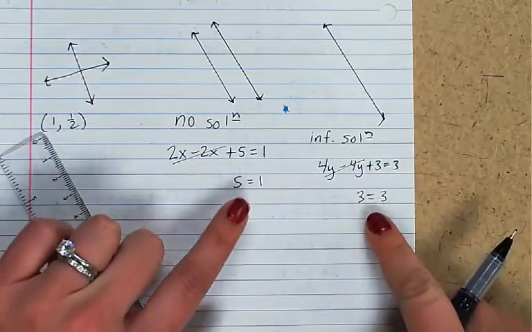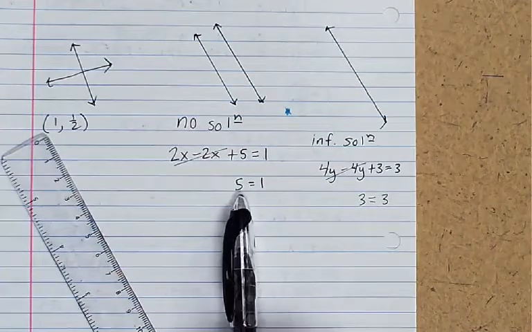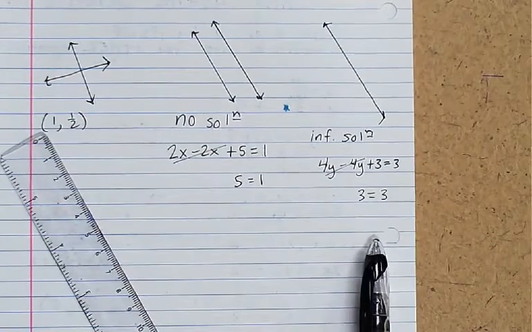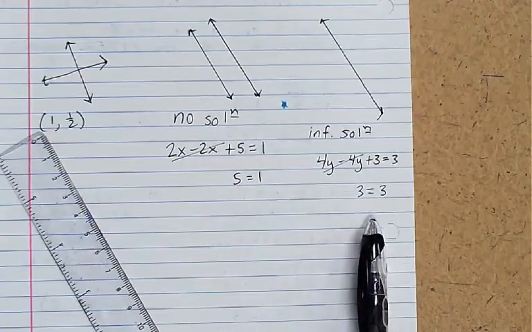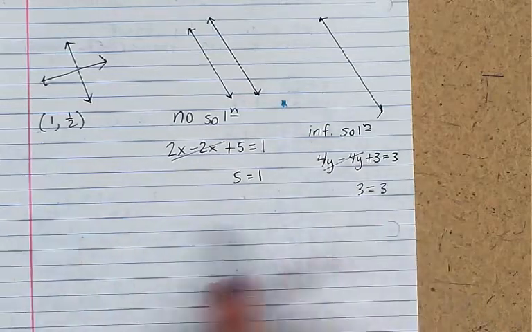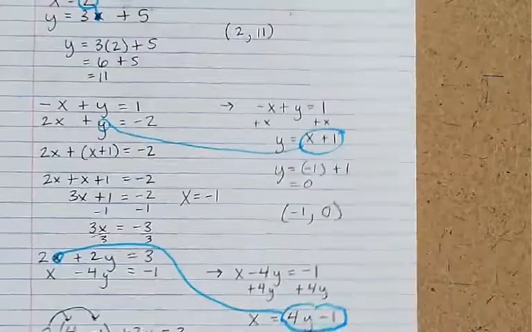That's the difference here. On both of these, all the variables canceled out. The difference is this doesn't make sense, so that's why it's no solution. This one, yeah, 3 equals 3, so it's infinite solutions. And again, that's only when the variables cancel out. If they don't cancel out, you're going to end up with a solution like we did in our 3 examples over here.